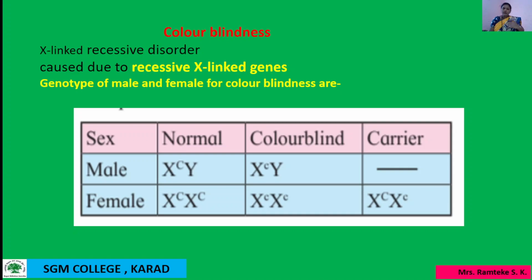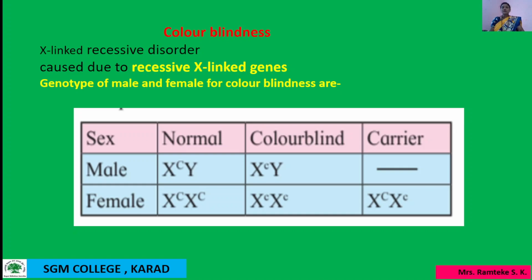So when the person is unable to distinguish between the colors red color and green color, तर पर्सन जेव्हा रेड कलर आणि ग्रीन कलर मध्ये फरक त्यांना कळत नाही, सो ॲट दॅट टाइम बोथ द कलर्स अपियर ग्रे, आणि त्यावेळेस ते दोन्ही कलर त्याला कसे वाटतात, ग्रे इन कलर. सो इट इज कॉज ड्यू टू द रिसेसिव्ह एक्स लिंक जीन्स. आणि हे कशामुळे होत असतं, रिसेसिव्ह एक्स लिंक जीन्स, दॅट इज द Xc.